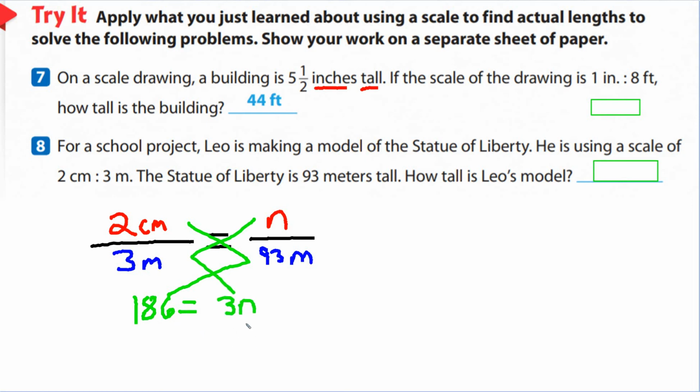This is an equation. We're going to divide by 3 on both sides of the equation because it says 3 times what equals 186. And 186 divided by 3 should give you, and hopefully you guys got this, 62 centimeters. And that's what we're looking for. 62 centimeters. Hopefully this helped.